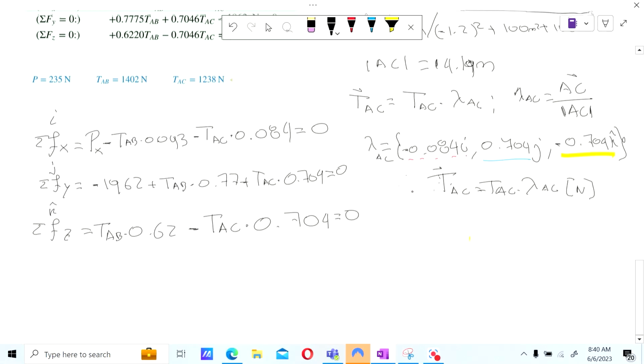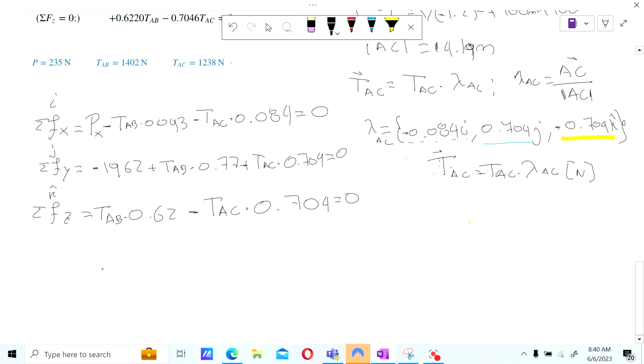Okay, so what we have here is three equations, three unknowns. We have Px, TAB, and TAC. And we have three equations. Therefore, we have to solve these equations.